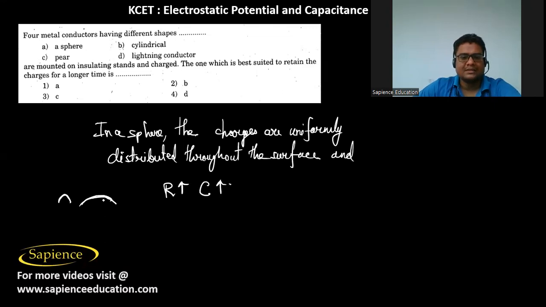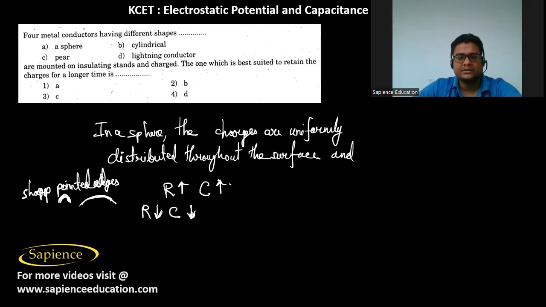When the radius of curvature at any point is low, as in sharp pointed edges, for those regions the capacitance will also be low. So when capacitance is low, it can't retain charges for a longer time.